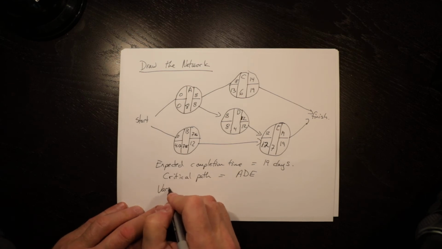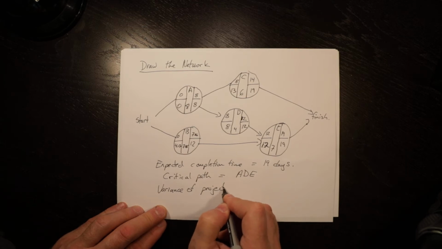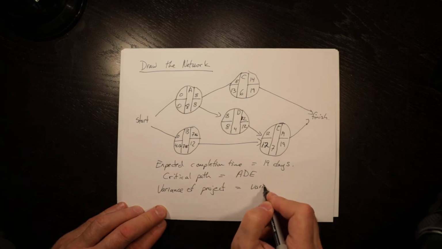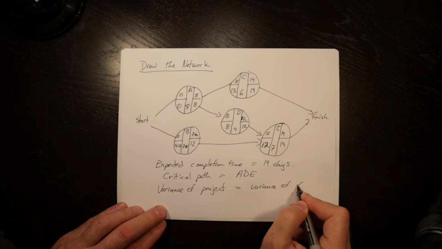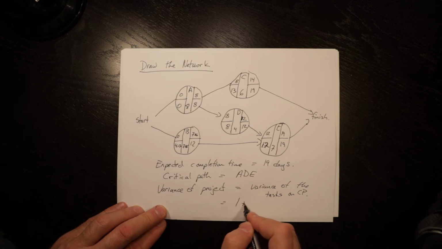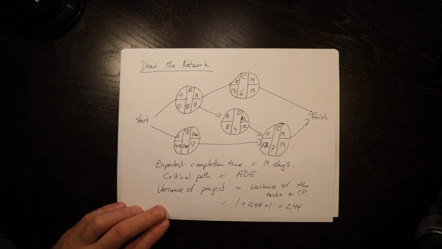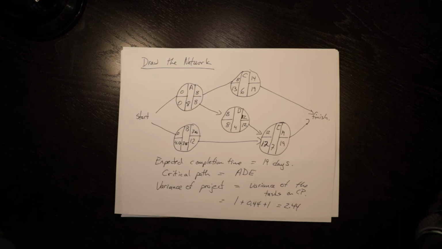The variance of the project is equal to the variance of the tasks on the critical path, which is 1 plus 0.44 plus 1, equal to 2.44. So the variance of the project is 2.44. The expected completion time is 19.